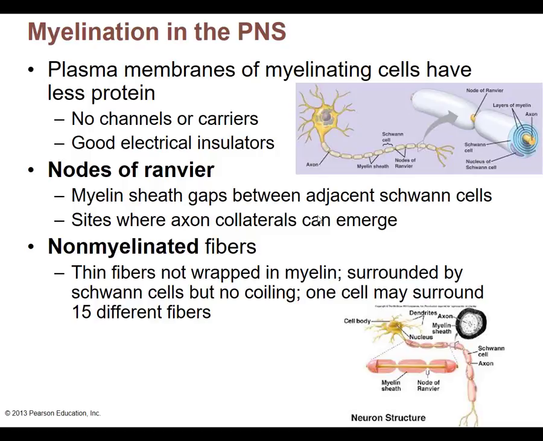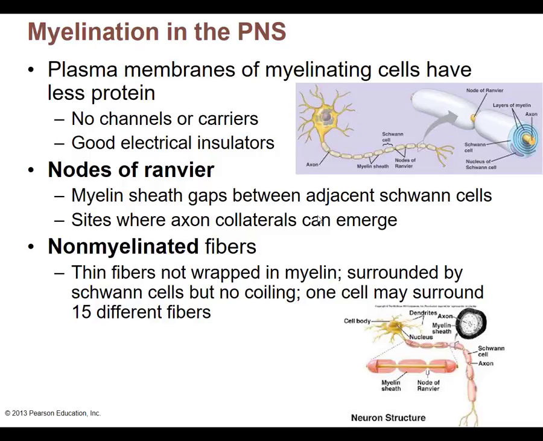We don't want a lot of these proteins where stuff can sneak across. Instead, if we get rid of a lot of these proteins along the myelinated cells, they become good electrical insulators. In our next lecture we're going to talk about lots of sodium and potassium ions moving. If they can't sneak out because there aren't lots of protein channels or carriers, they have to stay in, and it becomes a good electrical insulator, regulating what actually does move in and out.